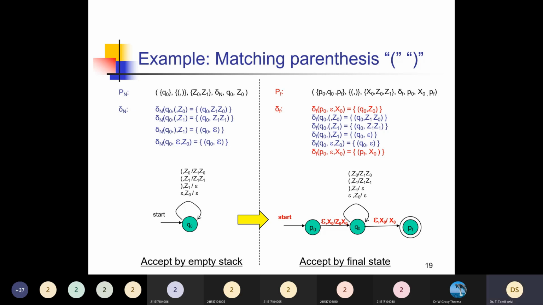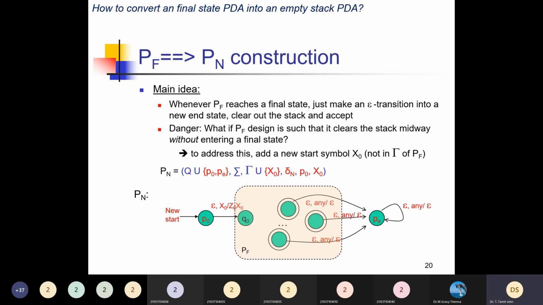We have only one change, at the last step. See it in red color: it is the last transition function, which we have changed. And then the PF to PN construction for this particular parenthesis matching language.